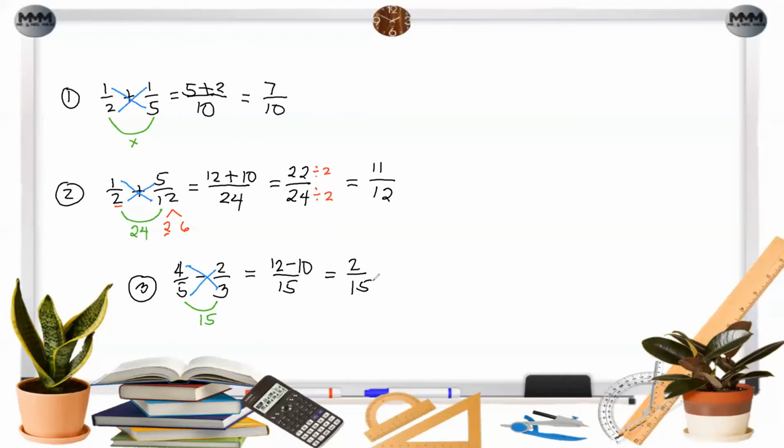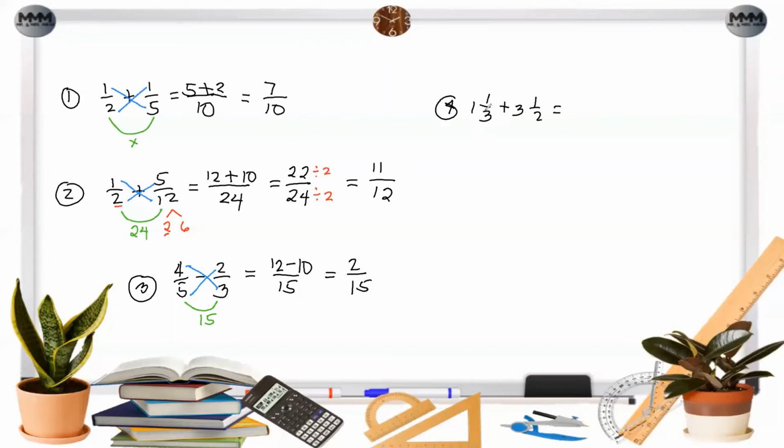So that's it. Now, what about for mixed fractions or mixed numbers? So let's try this example here. Let's have 1 and 1/3 plus 3 and 1/2. Now, in this case, i-convert muna natin isa-isa yung mixed number natin.